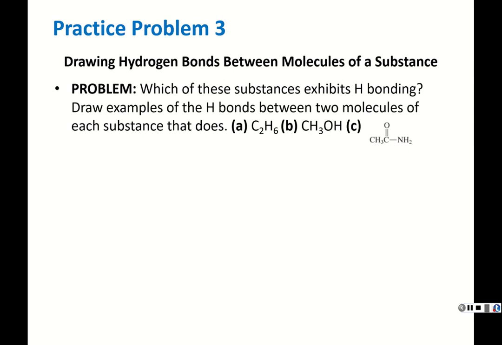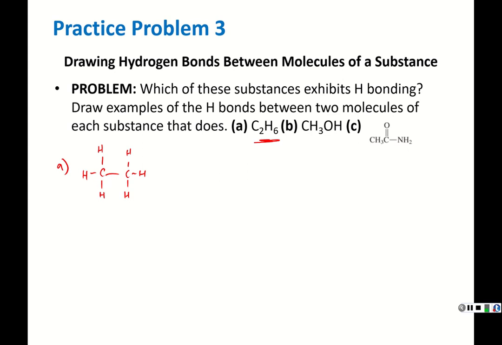A is ethane, and it looks something like this. You will see molecules like this more in organic chemistry, but what you do notice here is that there are no electronegative atoms like fluorines, oxygens, or nitrogens.